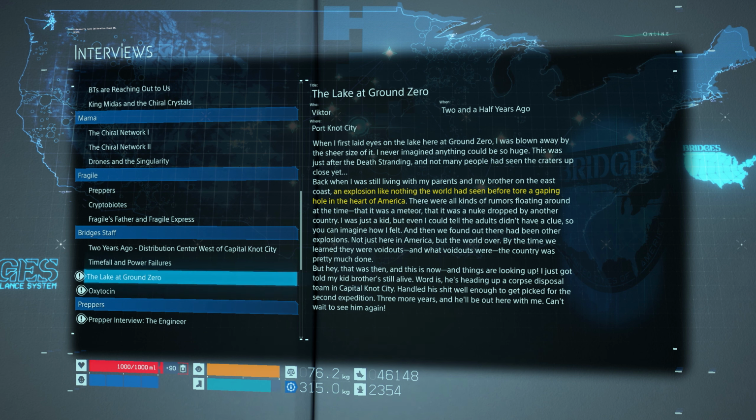There were all kinds of rumors floating around at the time. That it was a meteor, that it was a nuke dropped by another country. I was just a kid, but I could tell the adults didn't have a clue, so you can imagine how I felt. And then we found out there had been other explosions, not just here in America, but the world over. By the time we learned they were void outs, and what void outs were, the country was pretty much done. But hey, that was then, this is now, and things are looking up.